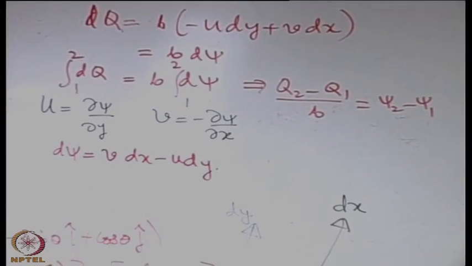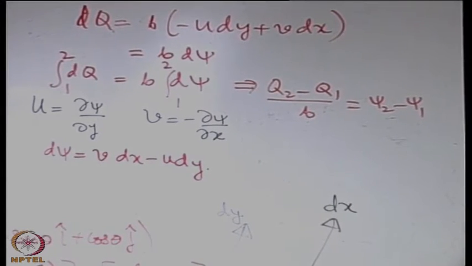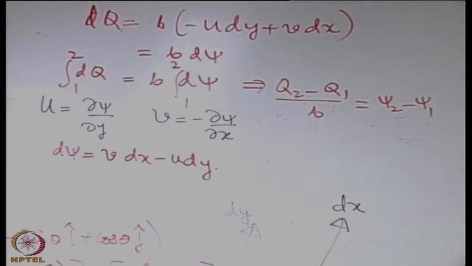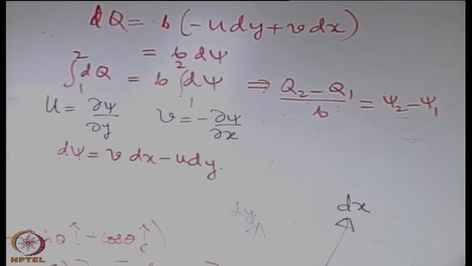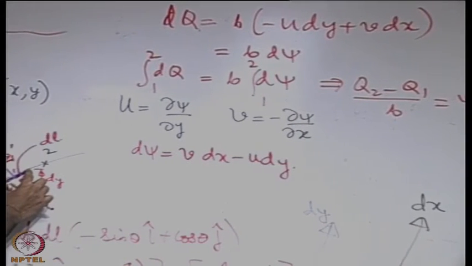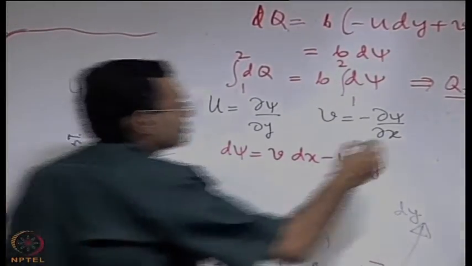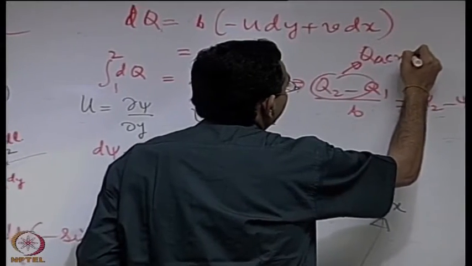That means what is this q2 minus q1? q2 minus q1 is the net flow rate that is taking place through the element 1 to 2, because it is basically the sum of the flow rates over such differentially small elements like dl. So, q2 minus q1 is the net q across 1 2.